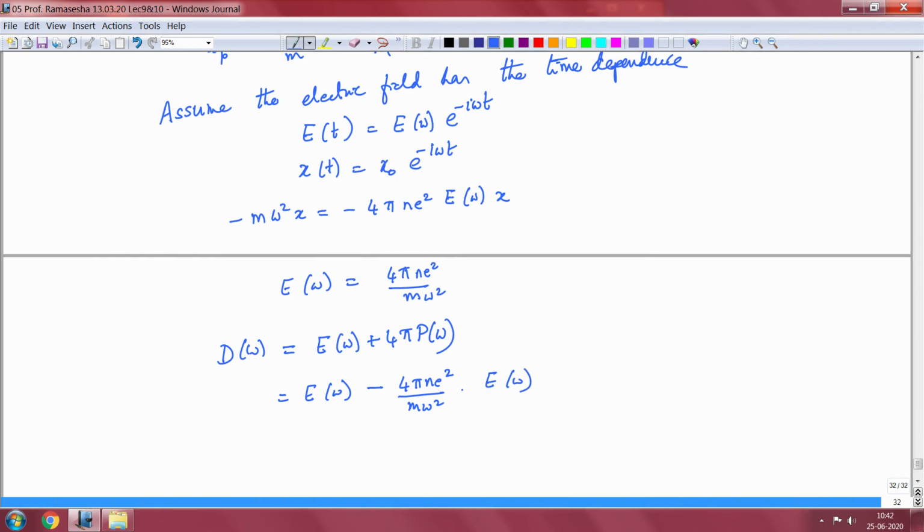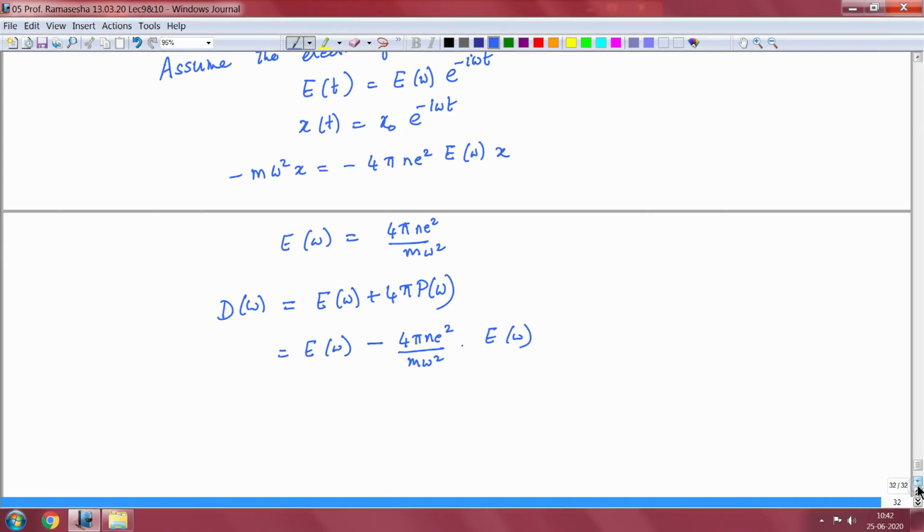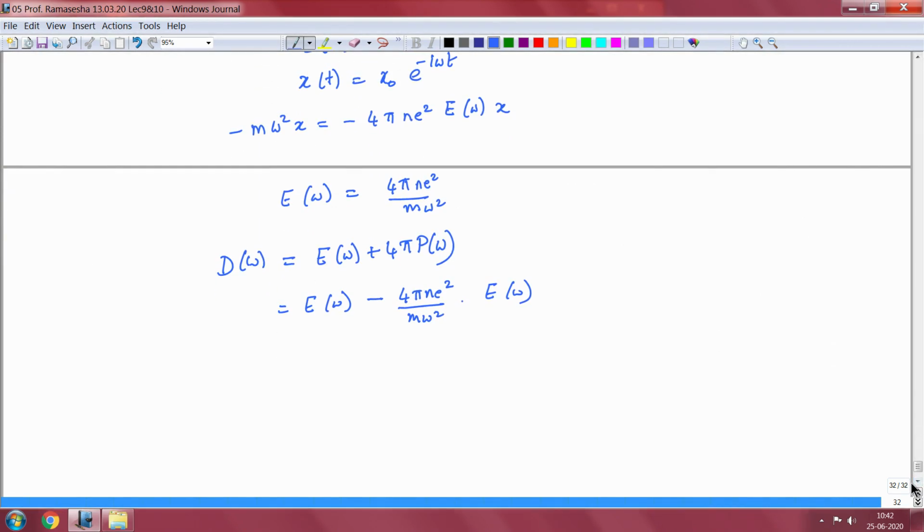So given this, the dielectric constant is given by D omega divided by E omega, is the dielectric constant epsilon omega. So this is going to give me 1 minus 4 pi n e squared upon m omega squared, or is equal to 1 minus omega p squared by omega squared.